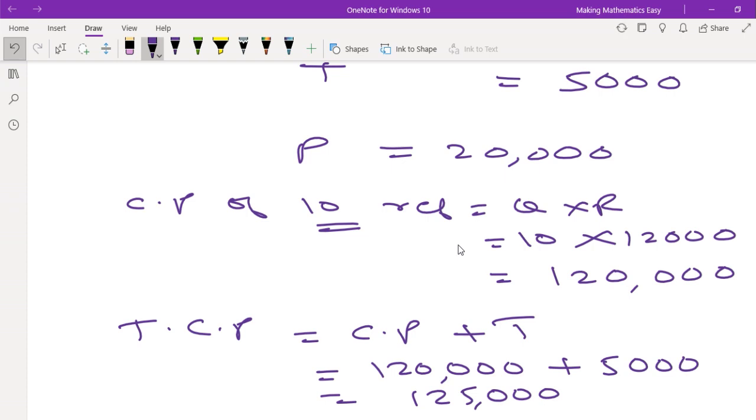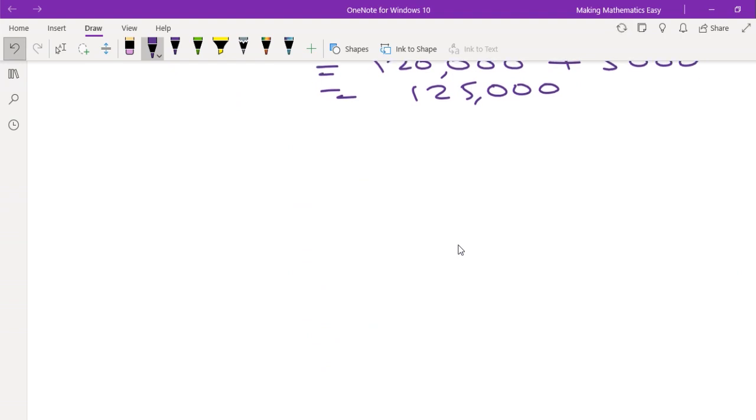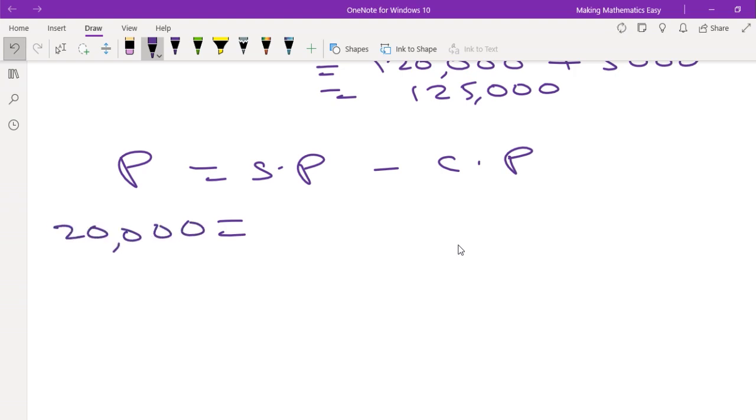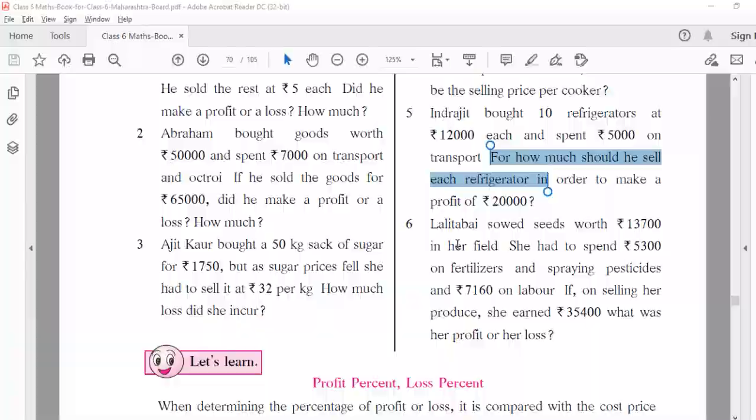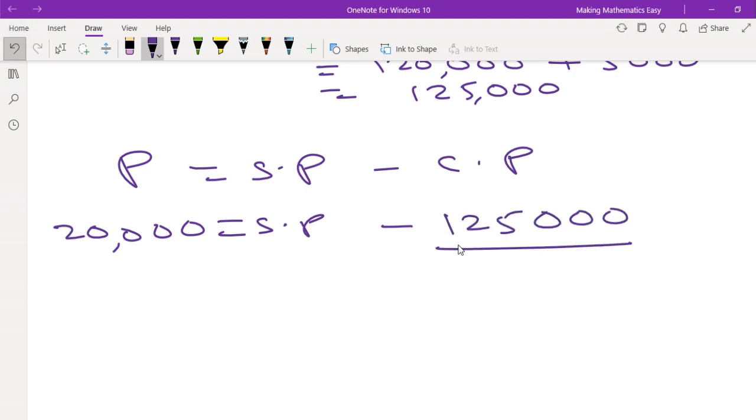You have to make a profit of 20,000 by selling 10 refrigerators, so we have to find the selling price. This is similar to sum number 4. If they have said you have to make a profit, simply write down the formula of profit, which is selling price minus cost price. We need to make a profit of 20,000. Selling price we don't know, so I'll write selling price, and cost price is 1,25,000 rupees.